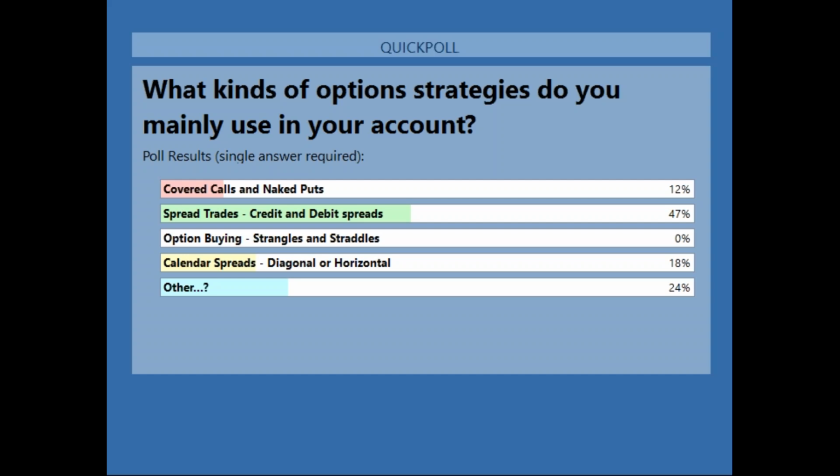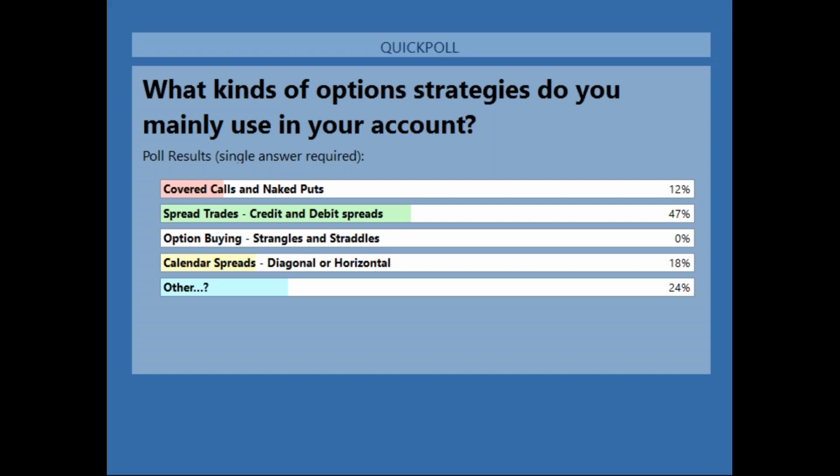Now, 12% of you are doing covered calls and cash-secured naked puts. Most of you, the high percentage, are doing the spread trades, leverage spread trades, high probability of expiring worthless, or maybe you're doing slightly out of the money spreads, but most of you are probably doing in the money or out of the money spreads, the high probability.